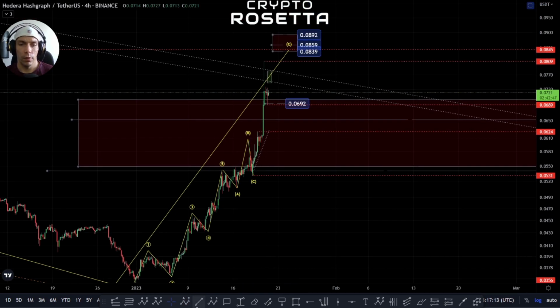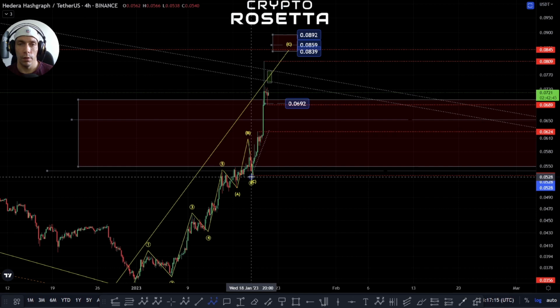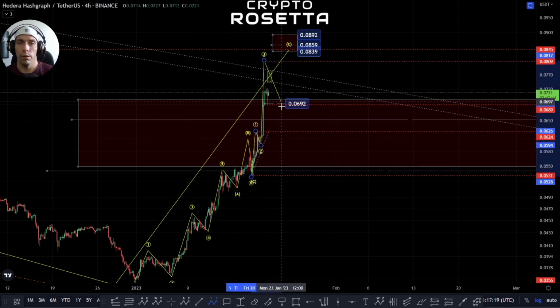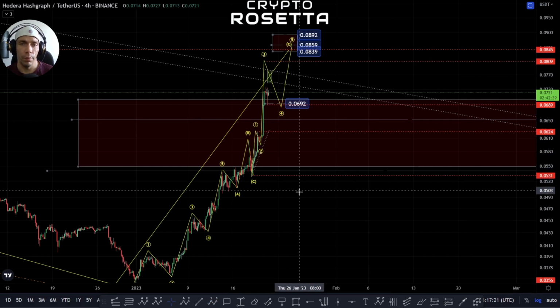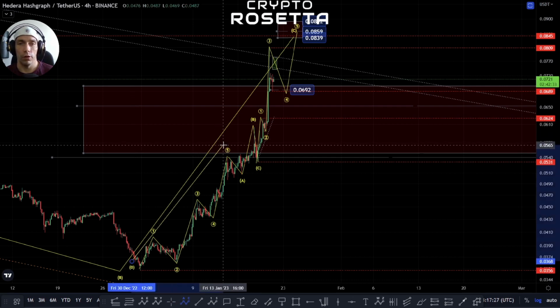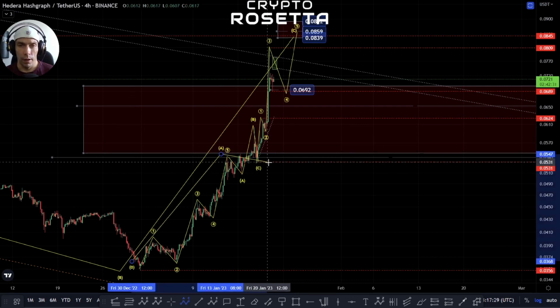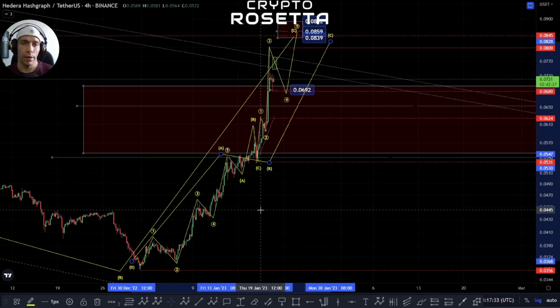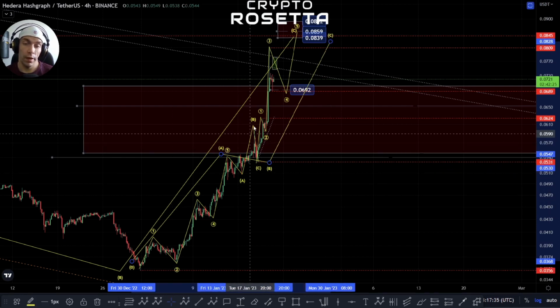And if we were looking at this, then basically what we'd be looking for from here would be another 5-wave move as a 1, 2, 3, 4, and potentially that 5th wave up. And then basically from that, what we would then only have here is a corrective structure as an A, a B, and a C wave.